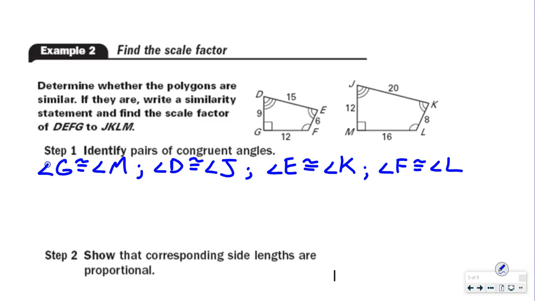So all four of our sets of angles match up with an angle on the other figure. So all of our angles are congruent. And we want to make a scale factor, so we need to show that corresponding side lengths are proportional.